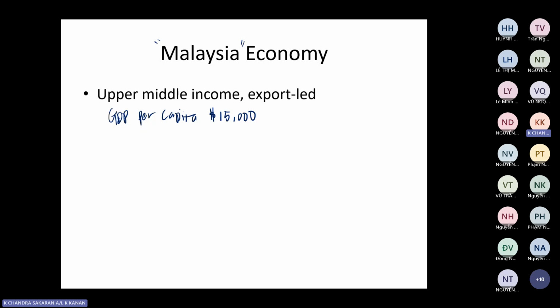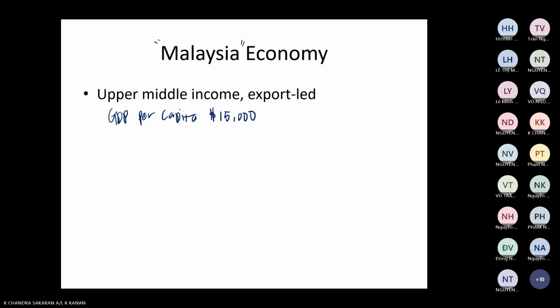About 6,000. Okay, but the PPP one is 16,000. It's roughly about 5,000 US dollars. So it's not upper middle income. Most likely it is between, middle income country.